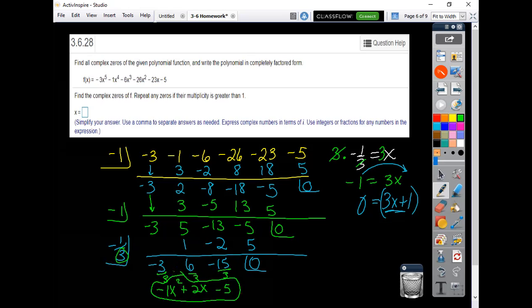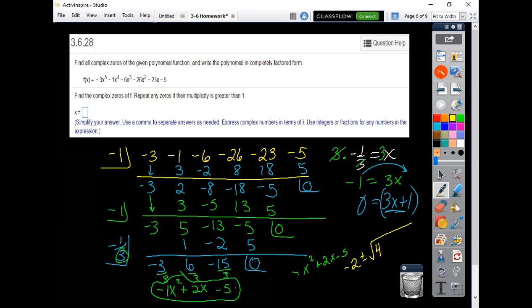But then what are the zeros created from this? Negative x squared plus 2x minus 5. If you want the other 2, we can use the quadratic formula to show that works too. x equals negative b plus or minus the square root of b squared, which is 2 squared, minus 4ac.